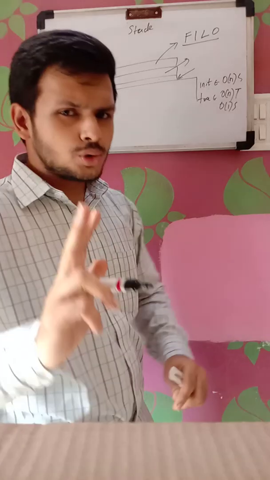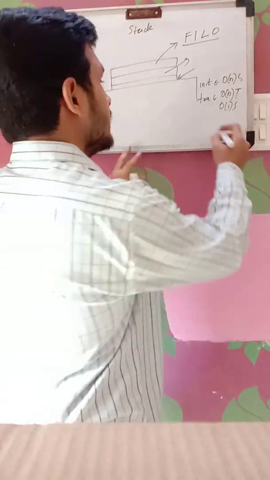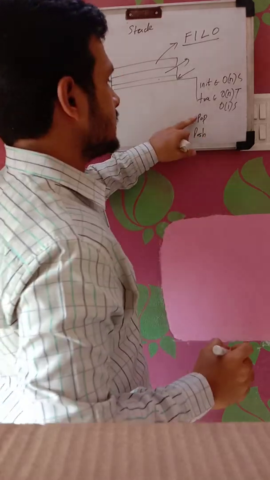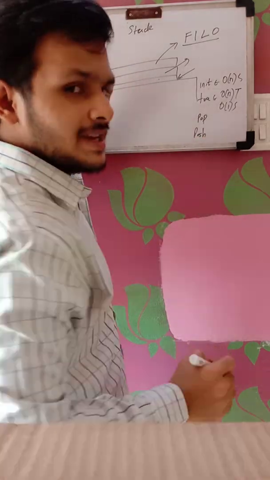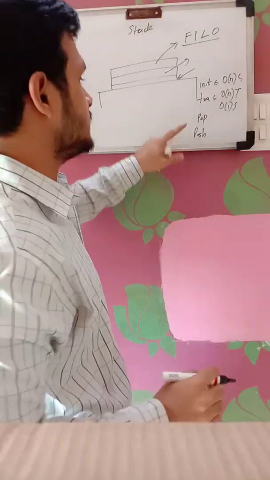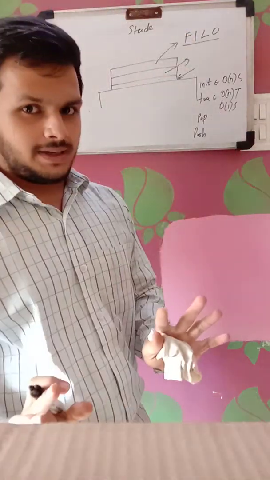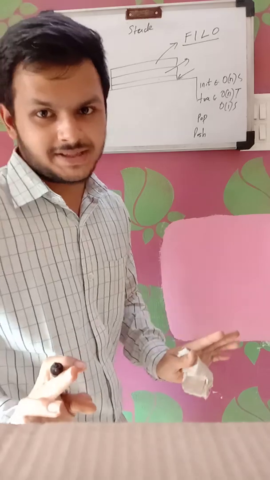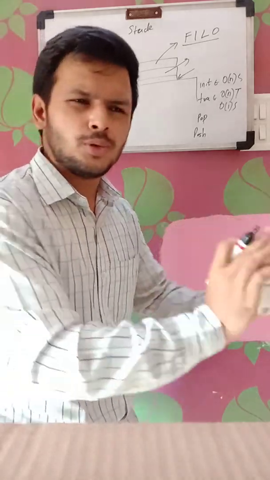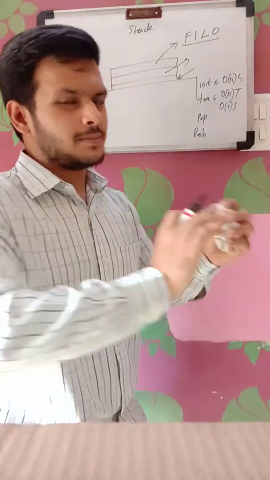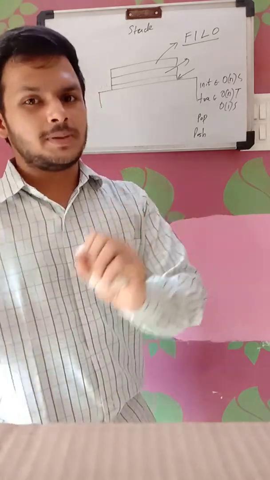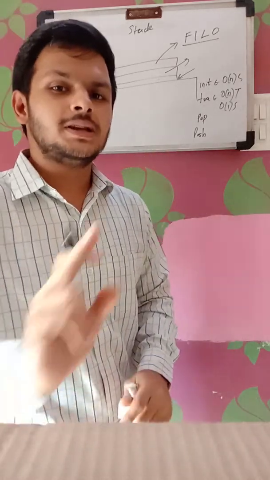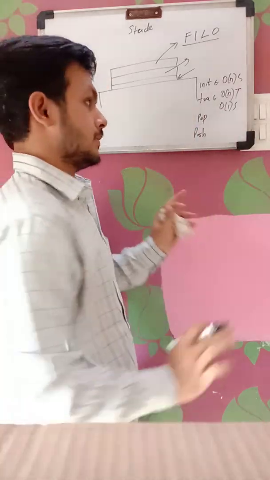Now there are two more concepts associated with stack. First is pop and push. Pop means popping the topmost element from the stack, and push is basically putting a new element into the stack. So now I would be writing the average case complexities for it. We can explore more, like there is worst case time complexity, there is average case time complexity, there is best case time complexity, but currently I would be exploring only the average case time complexity.